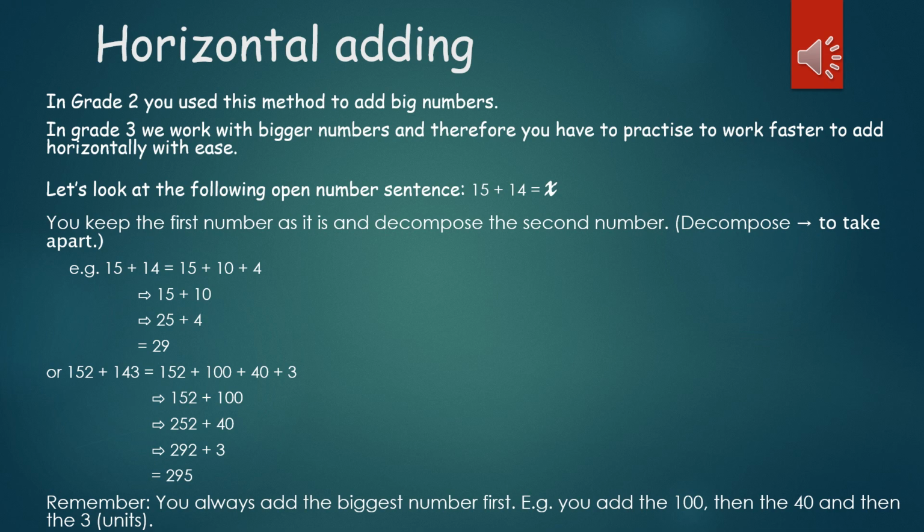Remember, you always add the biggest number first. For example, you add the 100, then the 40, and then the 3 units.